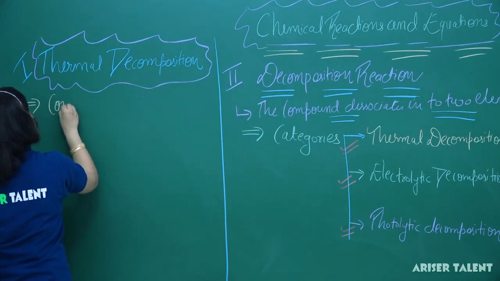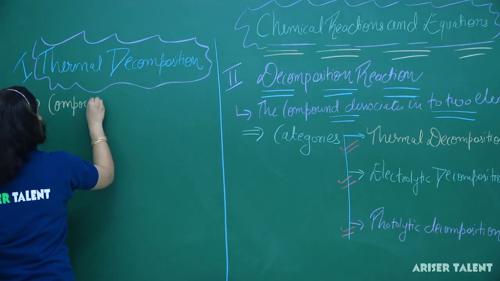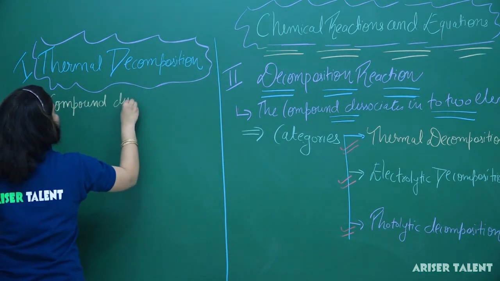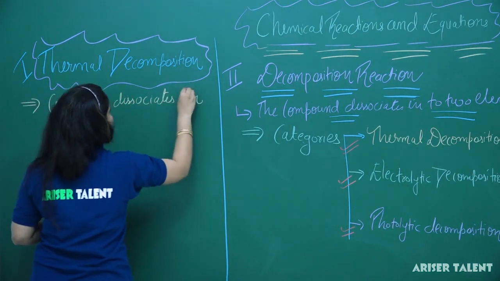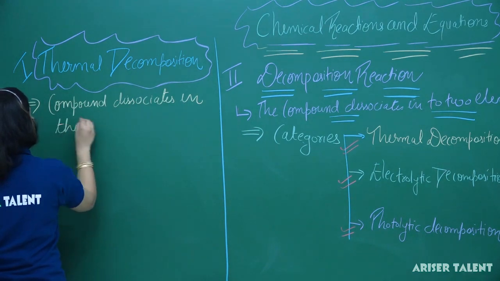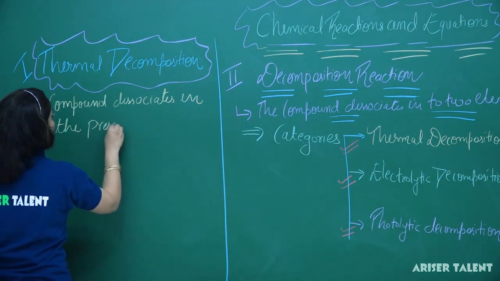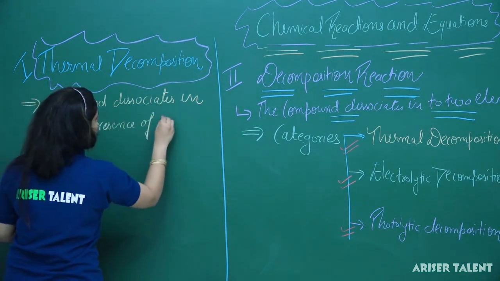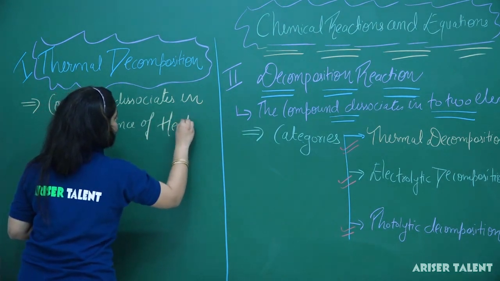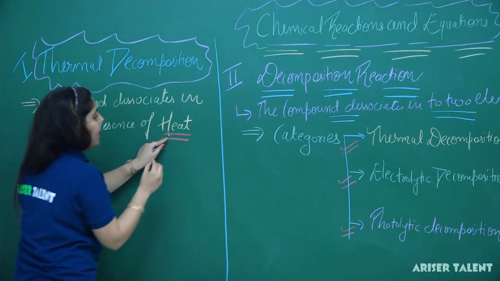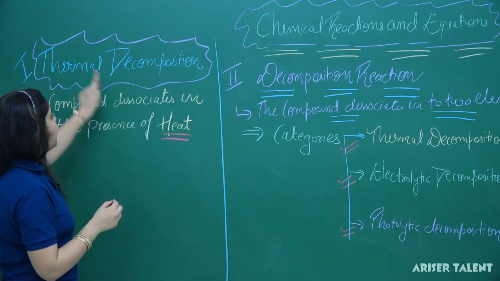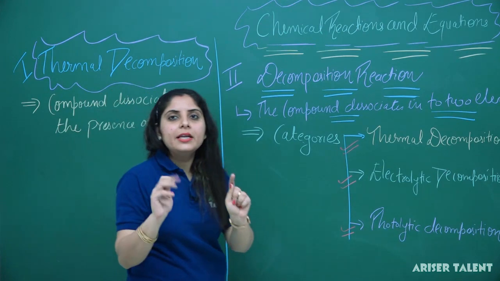So its major definition is: a compound dissociates in the presence of heat. Therm basically means heat. So here the term that we have to consider is heat, because the thermal decomposition will be done in the presence of heat only.